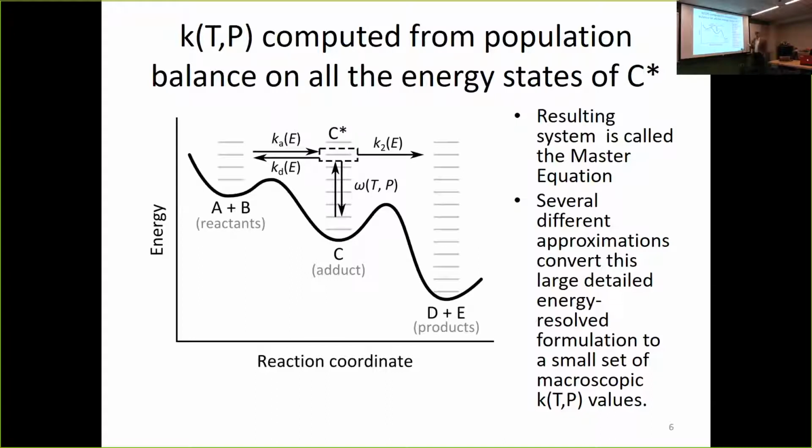But if the gas pressure was too low, like in interstellar space, it might have to wait for a year before a molecule would come along and bump into it, and during that time, it would either react further to do something else, or it would react back to the reactant. And in fact, if you look out in interstellar space, you won't see very much of C at all, because this rate of stabilization of C from collisions is really tiny. Okay.